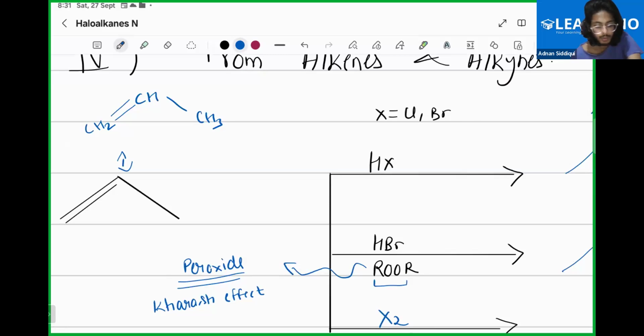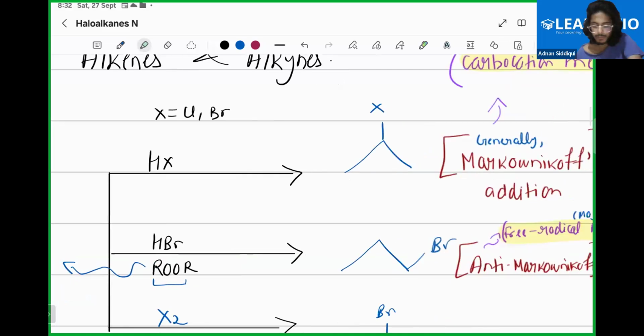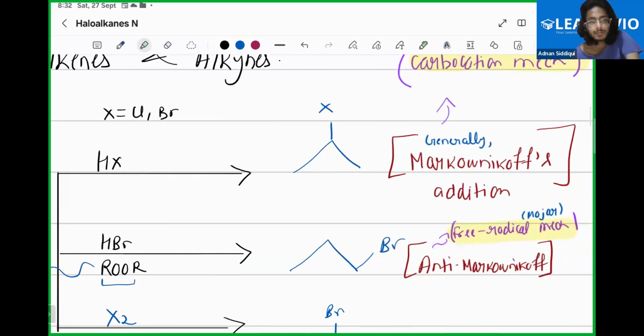Now, in this double bonded state, which carbon has fewer hydrogens? The second one. So if we are going by Markovnikov addition, my halogen will go on the CH part. So we will get this product. Markovnikov addition, simply.